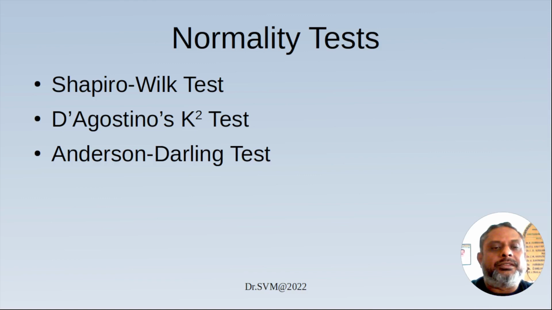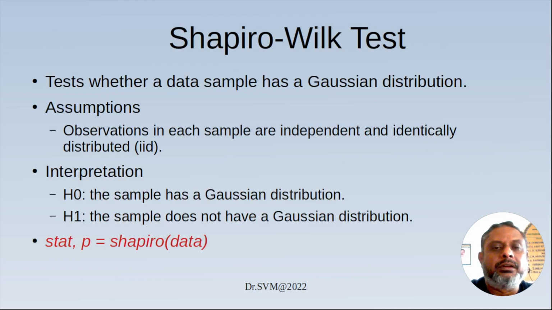So there are basically three important tests available for normality. The first one is the Shapiro-Wilk test. The second one is the D'Agostino K-squared test, and the third one is the Anderson-Darling test. Now what they are, let's check. The Shapiro-Wilk test is done to identify whether the data sample has a Gaussian distribution or not.